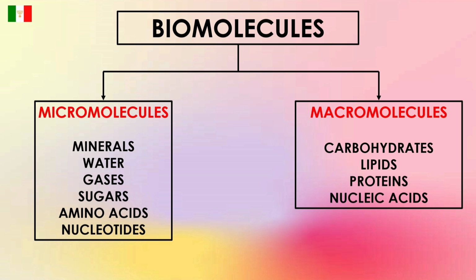Under micromolecules, we have minerals, water, gases, sugars, amino acids, and nucleotides. And macromolecules have carbohydrates, lipids or fats, proteins, and nucleic acids. All of the major macromolecule classes are similar in that they are large polymers that are assembled from small repeating monomer subunits.